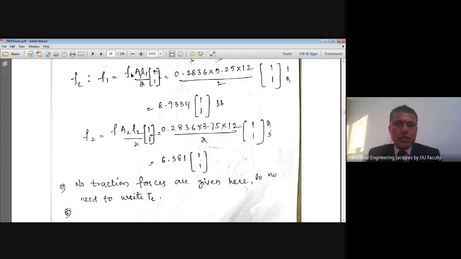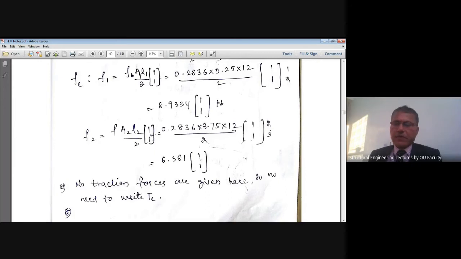It means the load is distributed half to the first node, half to the second node. That is how these are acting along the global degrees of freedom 1 and 2 respectively. Then its result is equal to 8.9334 pounds at the first degree of freedom. Also at the second degree of freedom, the same 8.9334 pounds.